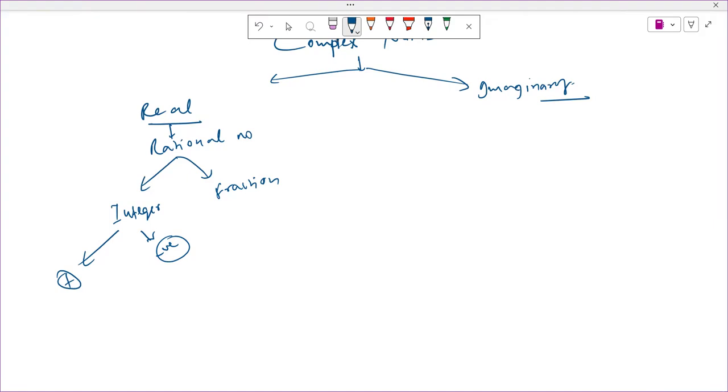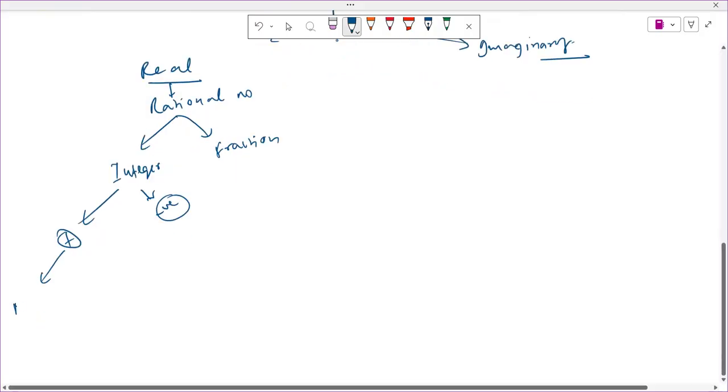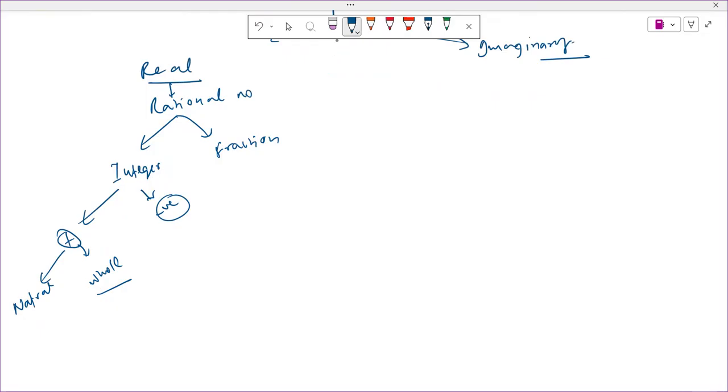Now in positive integers, what you can have is natural and whole, right? Integer. In negative, we don't have any concept like natural and whole. It's just integer. Again here we can have positive fractions and negative fractions. There are other things also in the case of fractions, like proper fraction and improper fraction, that I'm not going to discuss.